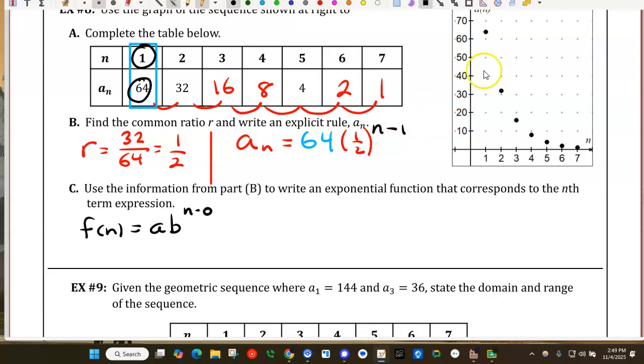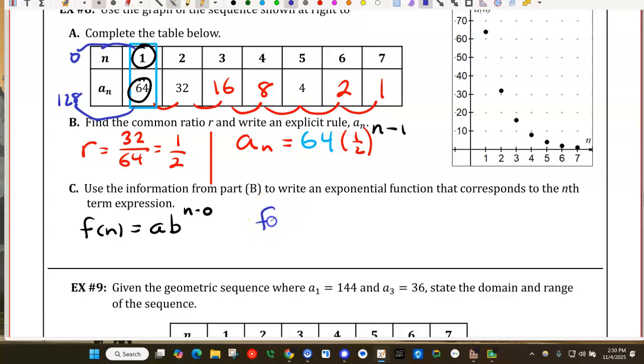Even though a 0 term doesn't exist in sequences, we can work backwards to find it, as if it did. So if I take this, I could just work the ratio backwards, from right to left instead of left to right, and I could just times 2 to get 32, times 2 to get 64. So my 0 term would be 128, 64 times 2.